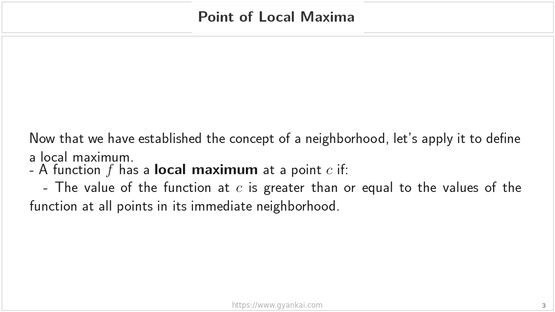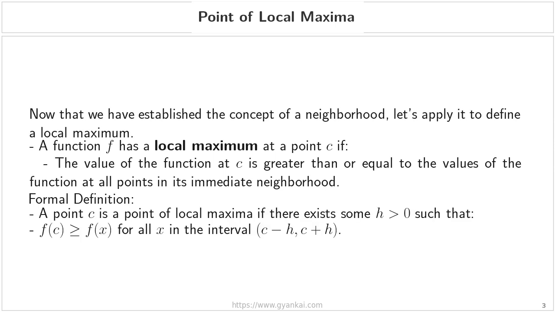To be more precise, let's look at the formal mathematical definition. A point C is considered a point of local maxima if there exists some positive number h, such that f of C is greater than or equal to f of x, for all x values falling within the open interval from C-h to C+h.